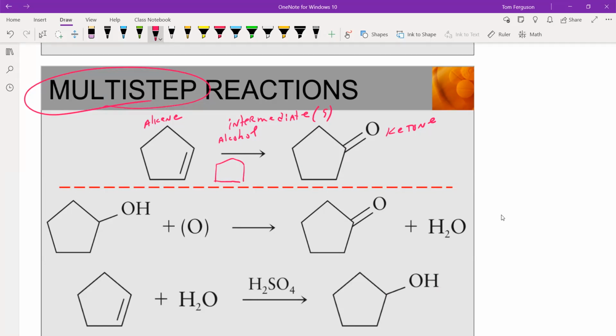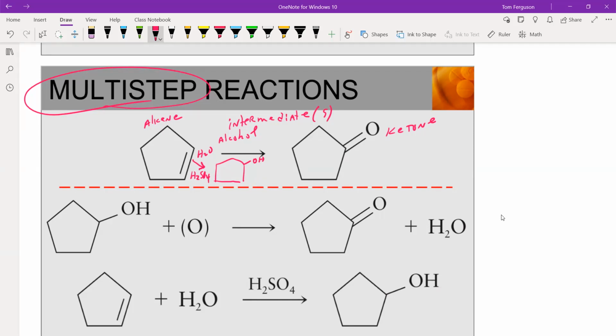And what we're going to be doing is making an alcohol from the alkene. We need water to do that, under acidic conditions. That'll give us the alcohol.